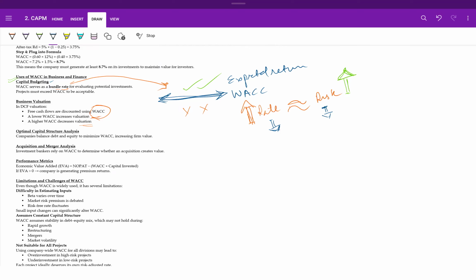If we're talking about the risk-free rate, for example government securities, the risk-free rate is close to zero because the government is a more powerful entity.